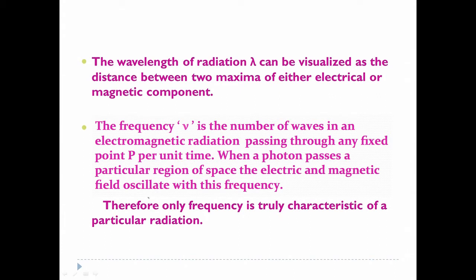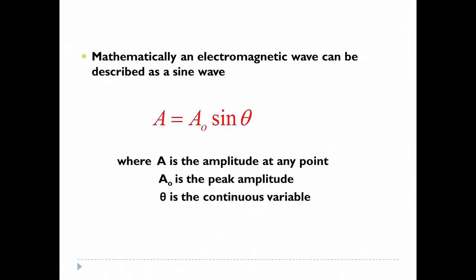Therefore, only the frequency is truly characteristic of a particular radiation. So, how do we normally represent a wave? It is the frequency. If I tell you the frequency, that means a waveform is defined.